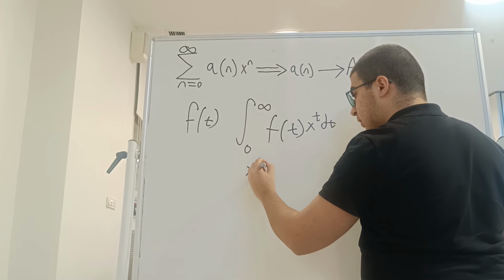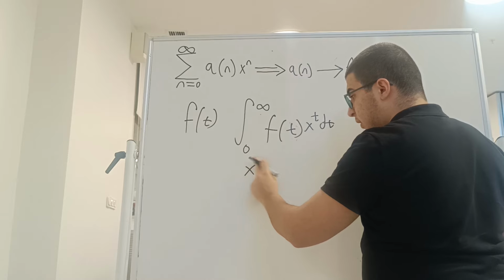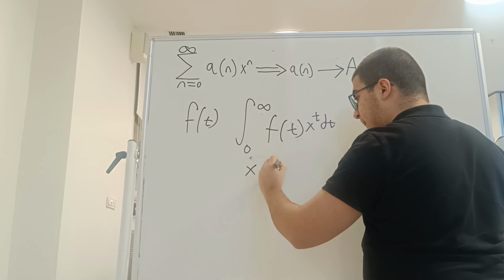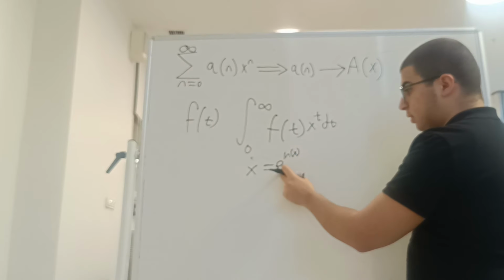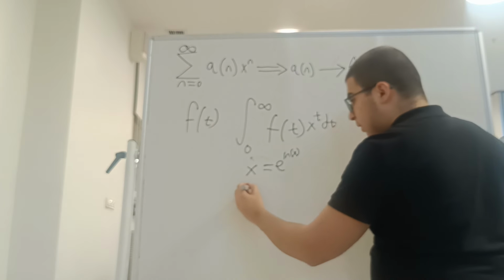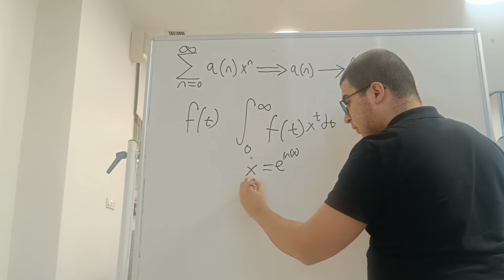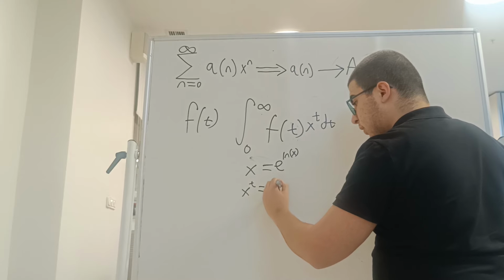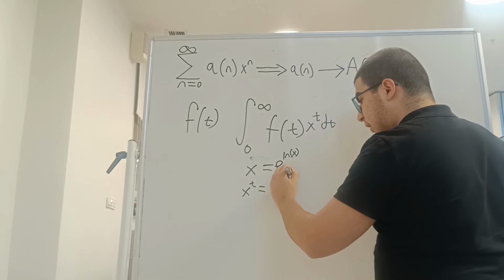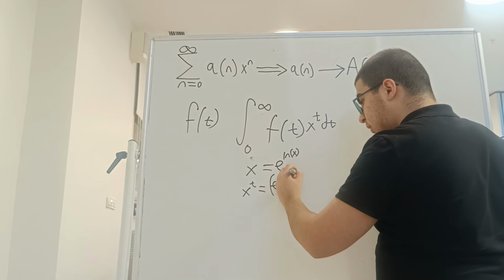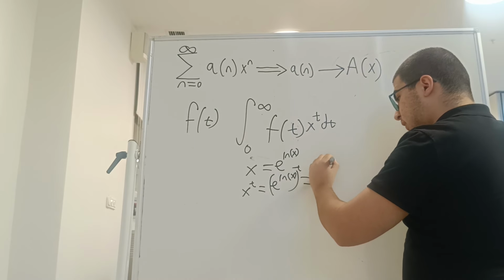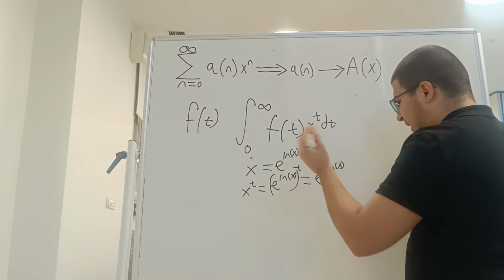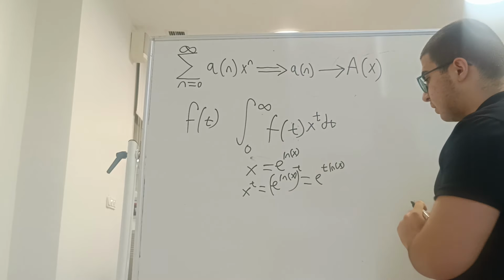Actually x is equal to e to the ln x, because they cancel out each other and we just get x. So then x to the t is equal to e to the ln x to the t, which is just e to the t ln x.